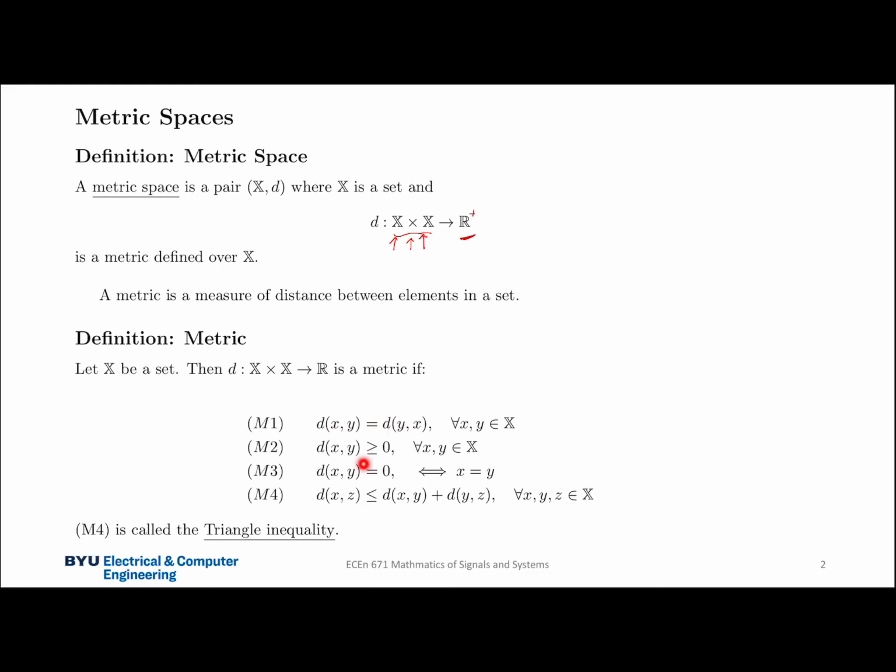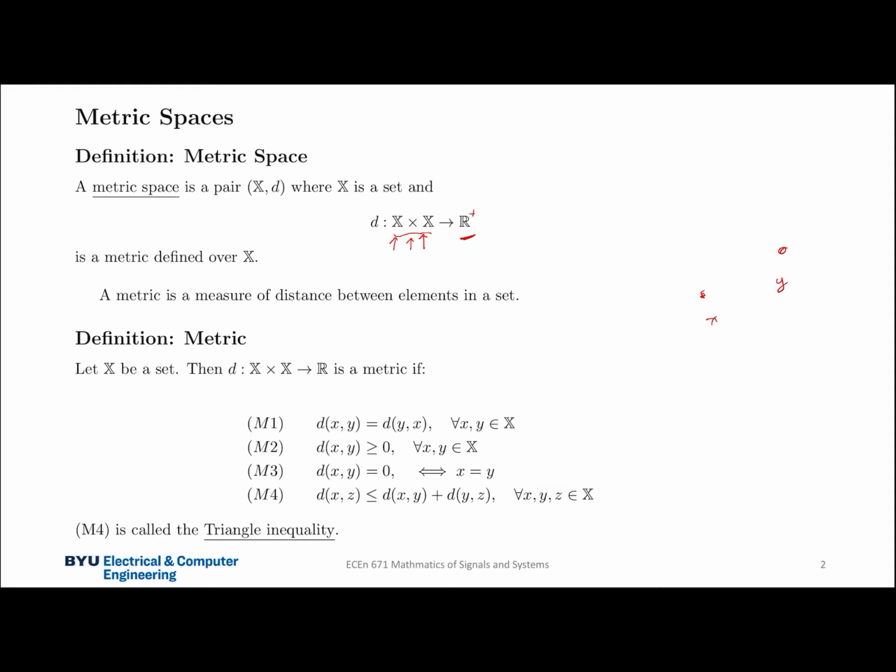Also, the metric has to be positive. If we take the distance between X and Y, this metric has the intuitive definition of being some kind of distance between X and Y, and it's going to have to be positive.